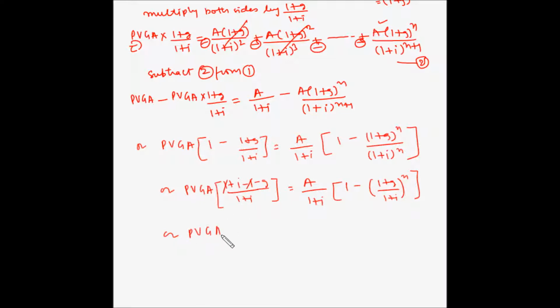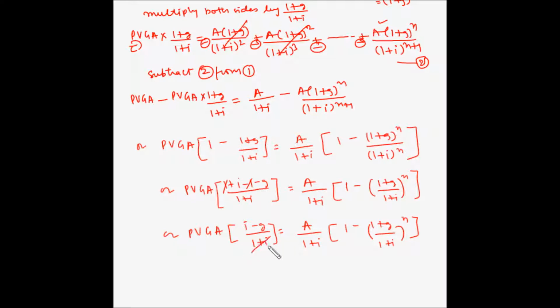Present value of growing annuity into bracket i minus g divided by 1 plus i is equal to A divided by 1 plus i into 1 minus 1 plus g divided by 1 plus i whole to the power n.